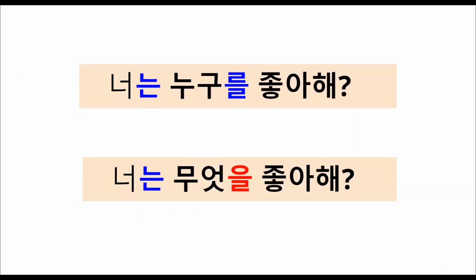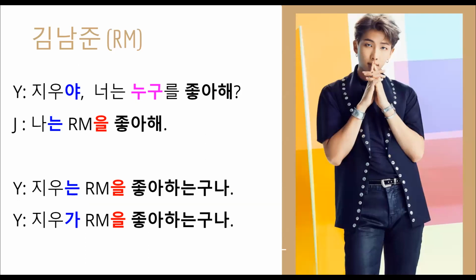Now these are the questions that we went over. 너는 누구를 좋아해? And 너는 무엇을 좋아해? And they mean who do you like and what do you like. Again, let's practice with the BTS members. 지우야, 너는 누구를 좋아해? 나는 RM을 좋아해. 지우는 RM을 좋아하는구나. 지우가 RM을 좋아하는구나. 누구 is highlighted in pink.